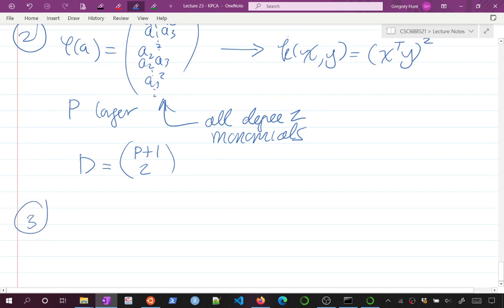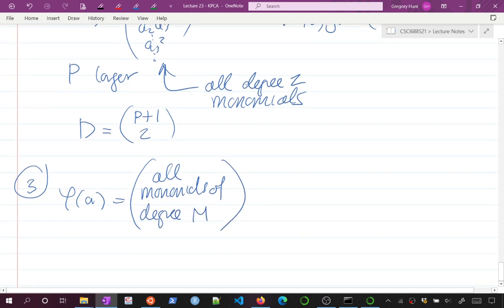And let's keep going. Let's look at another example. Maybe my embedding is going to be all monomials of degree, let's say m. If I did this, then I would go from some p-dimensional space to D would be, the dimension of the space is m plus p minus 1 choose m. This is like a factorially large dimensional space.